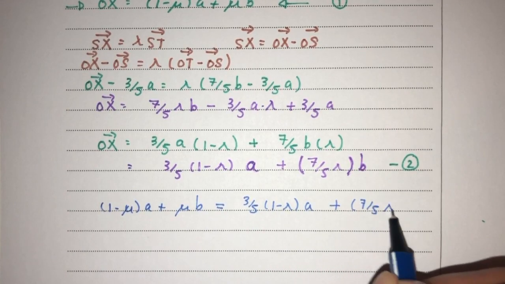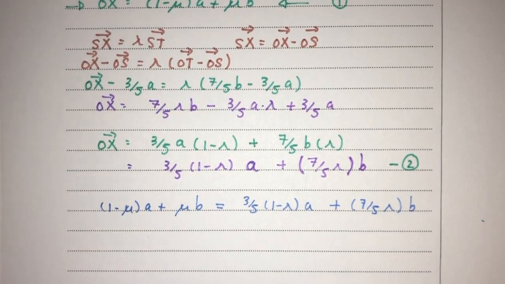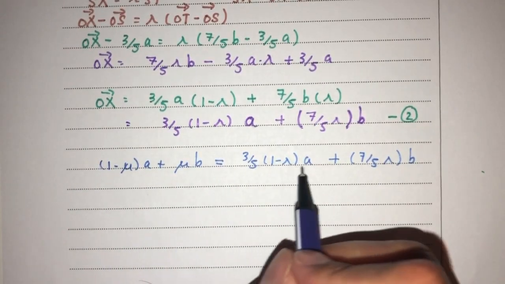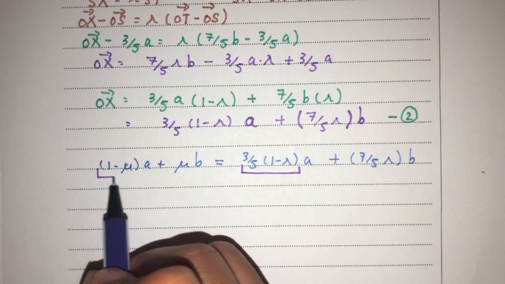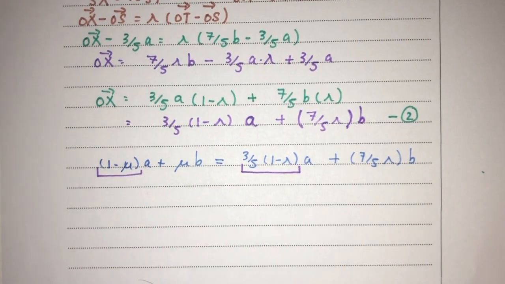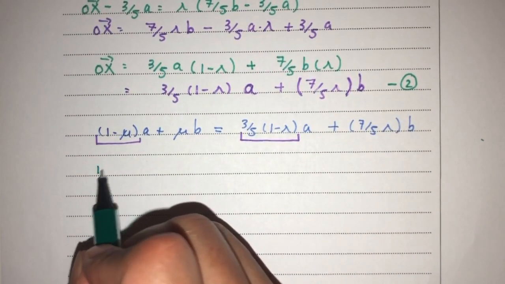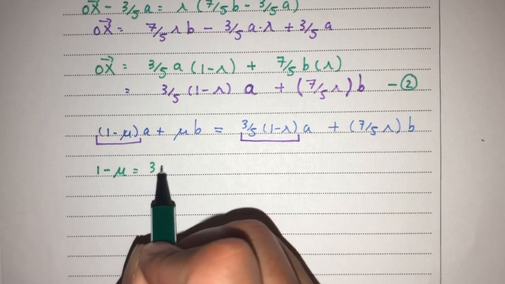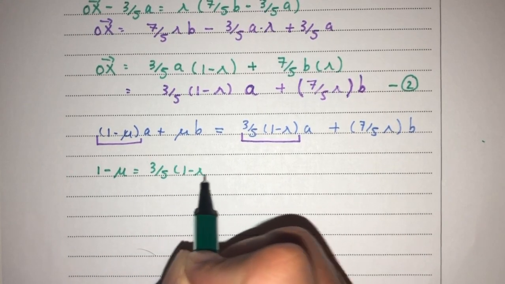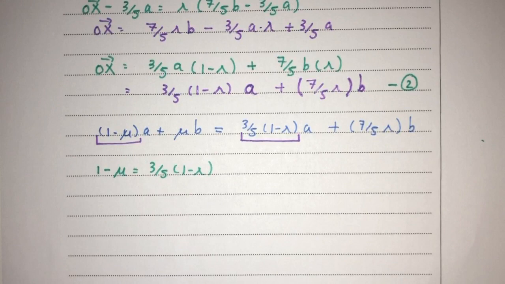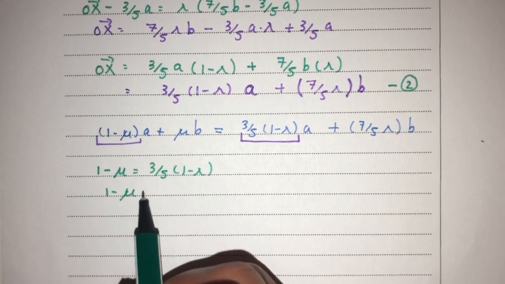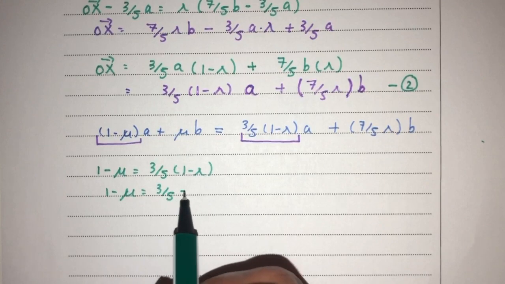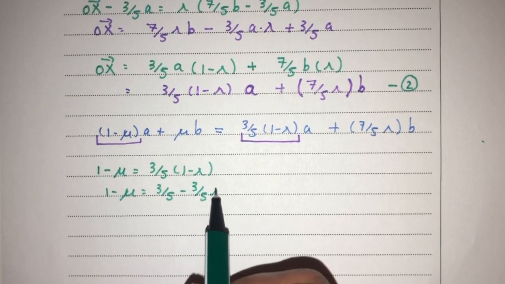So finally, last step is we have to compare the coefficients. So what do I mean? In front of A, we have this on this side. In front of A, we have this on this side. So we have to equate them with each other. So here we have 1 minus mu has to be 3 over 5, 1 minus lambda. So let's solve this to see what happens. So that will be 1 minus mu has to be 3 over 5 minus 3 over 5 lambda.